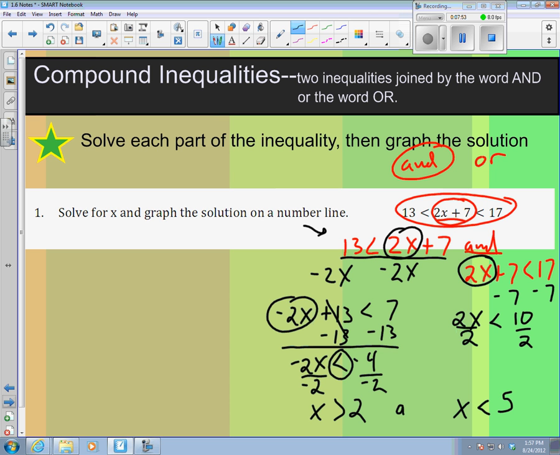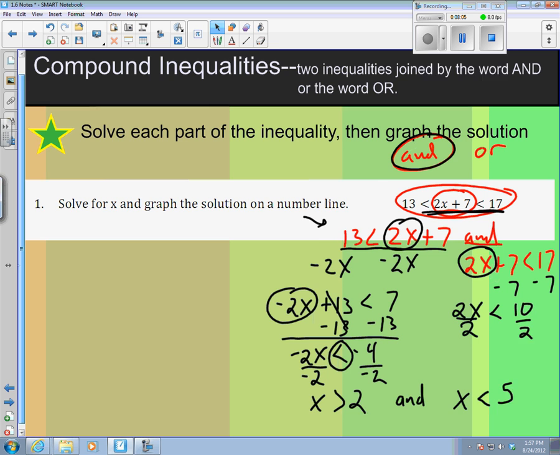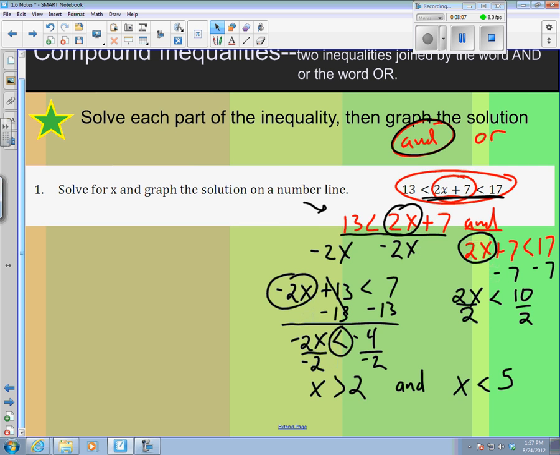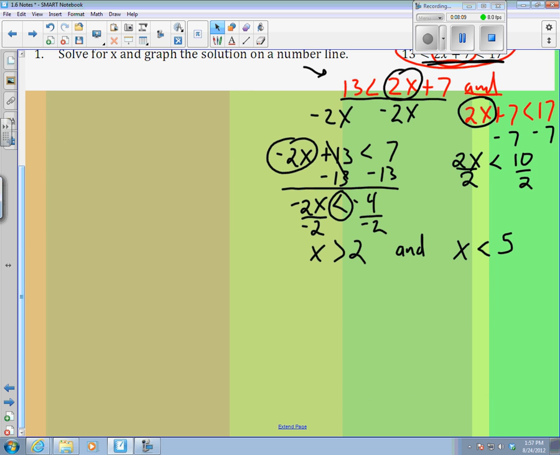And we got to put the word and here because it's an intersection, which involves the word and, because it's all written together like this. Now, you always graph your answers, and we'll take a look at them here on the number line. Here's 2, 3, 4, and there's 5.